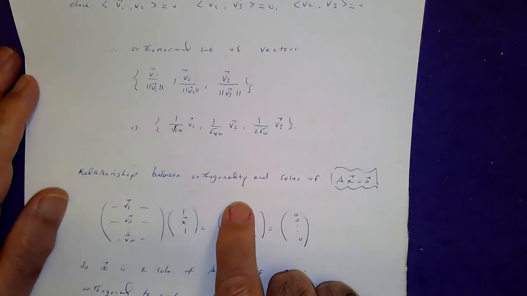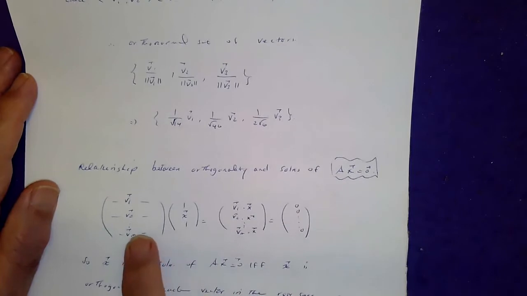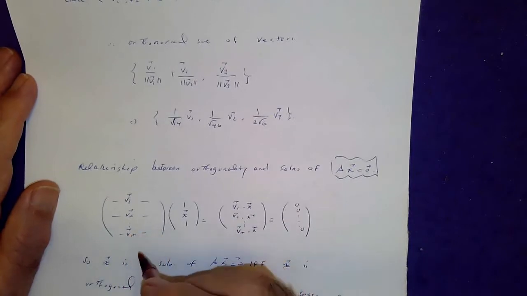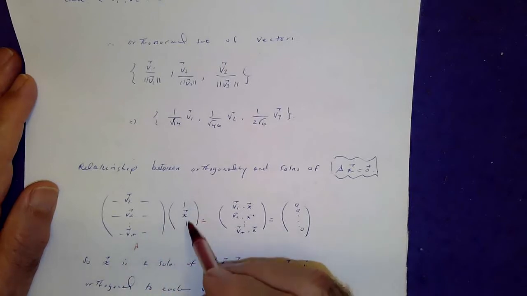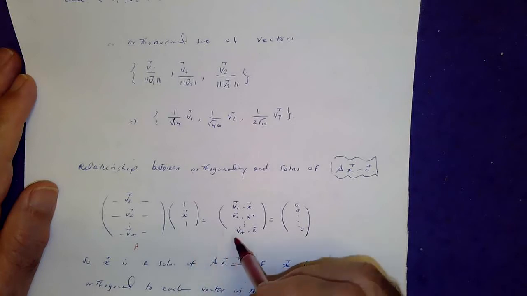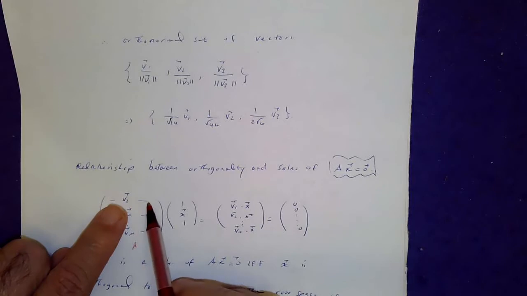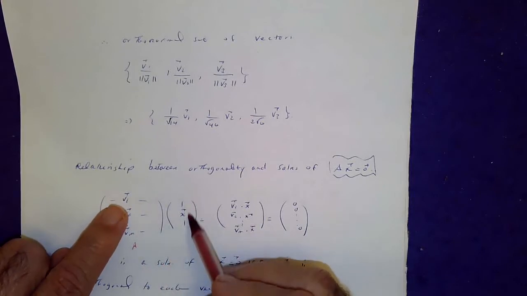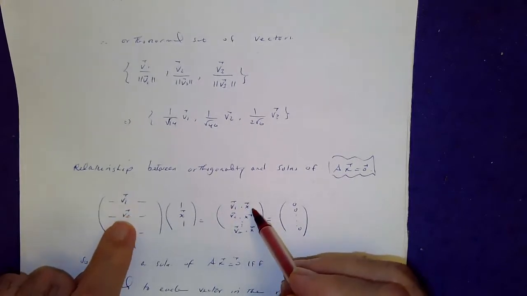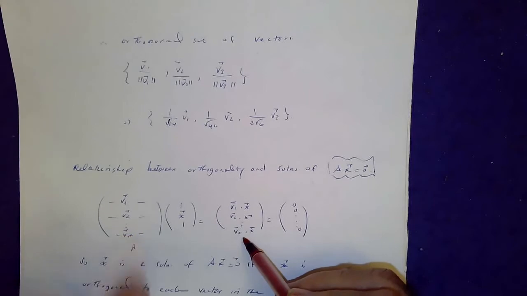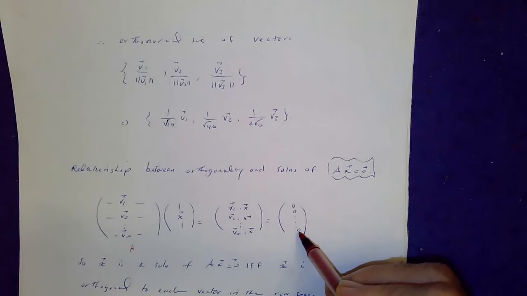What is the relationship between orthogonality and the solution of a homogeneous system of equations? Suppose this is the matrix of coefficients, and this is a matrix of variables. In order to get 0, we're supposed to take the dot product of each row by this column vector, which means I have to take v1 dot x, v2 dot x, up to vm dot x equals 0.